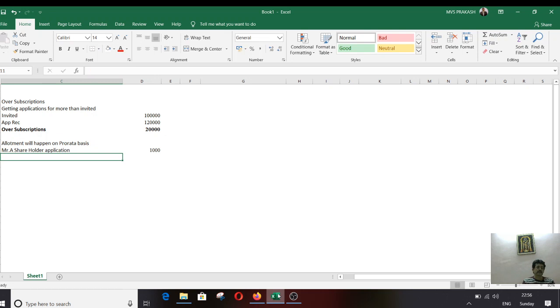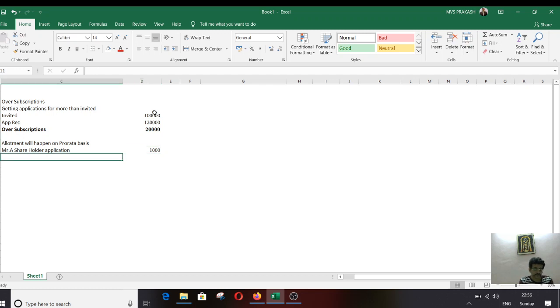But as the allotment is happening on a pro rata basis, he will not be allotted 1,000. I need to calculate that on a pro rata basis. Proportionate means of 1,20,000 applications, allotment is for 1 lakh. So applications received 1,20,000, allotted 1 lakh. Now this person has applied for 1,000. How many shares will be allotted? Proportionately we need to calculate the number of shares allotted.